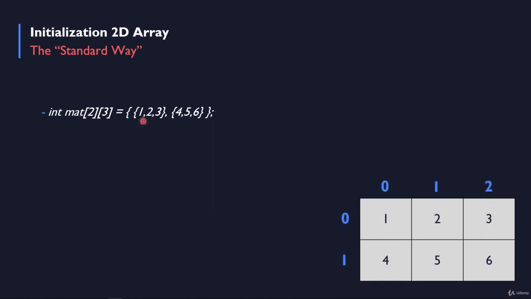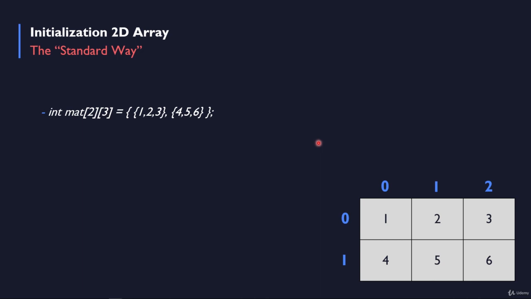You have 2 rows and 3 columns, and this first triple fills the first row. So 1 2 3 fills this first row, and then you have additional internal curly brackets, and they fill the second row in this matrix. So, a very standard way to initialize.